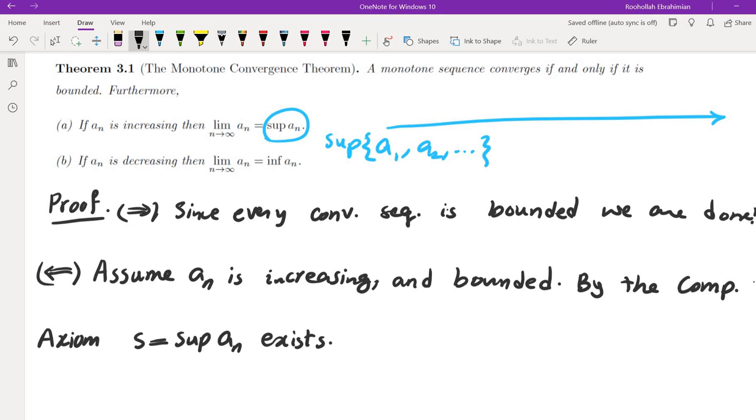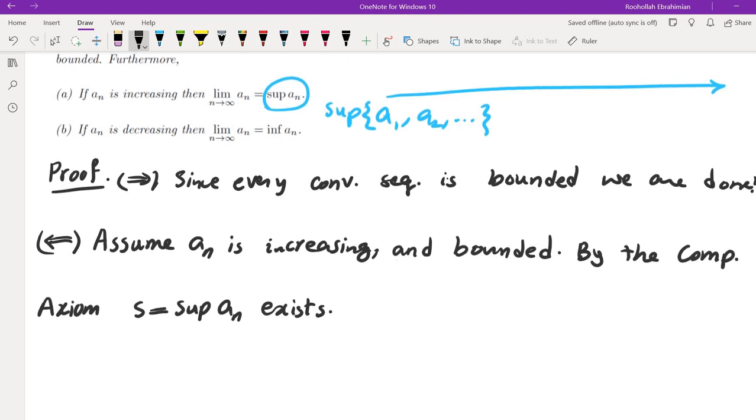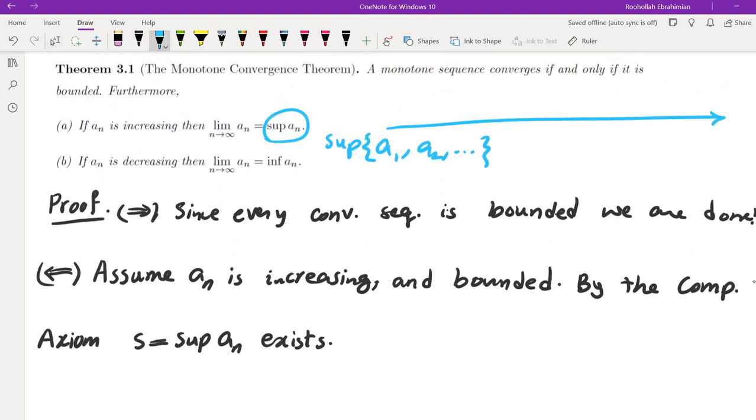Now we're going to show that in fact a_n approaches the supremum. If you look at the supremum, which I called S, we know that the terms are going to get close to S. What we want to show is that |a_n - S| is less than epsilon.